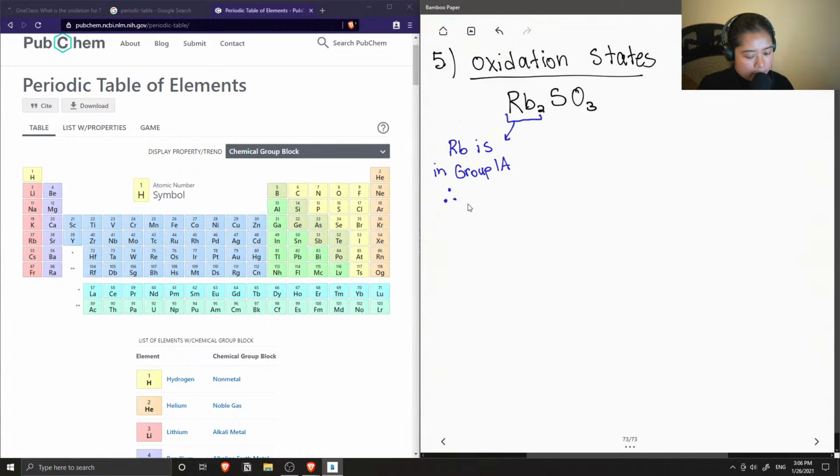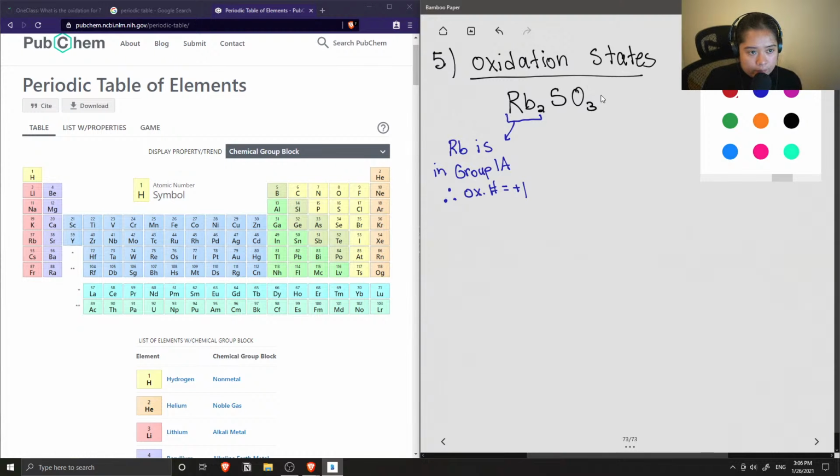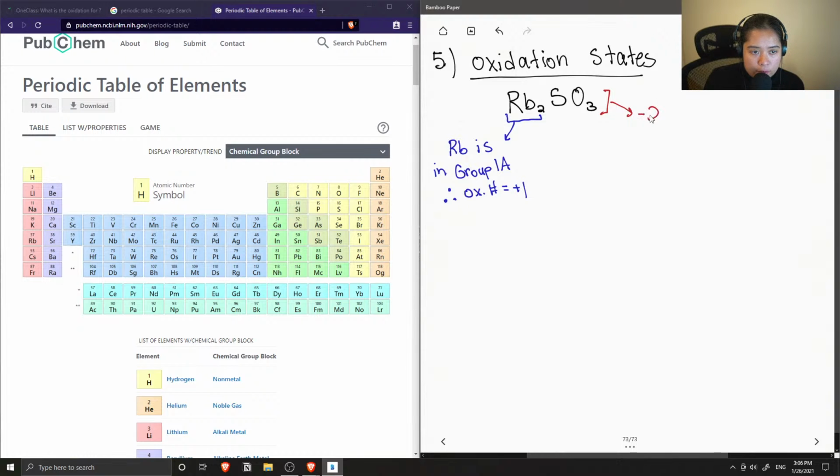So therefore, its oxidation number is equal to +1. And for oxygen, there is a rule that states that the oxidation number of oxygen is typically -2.